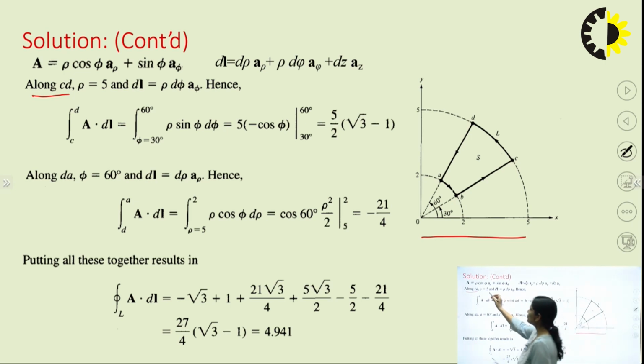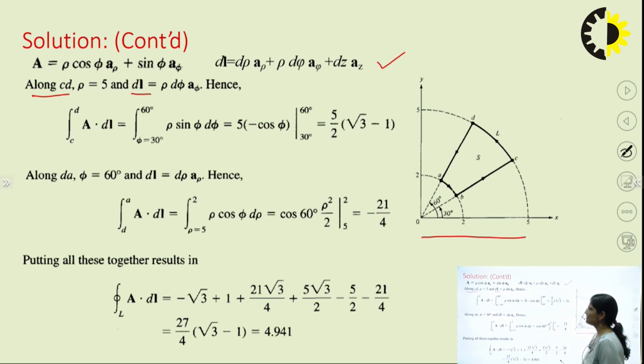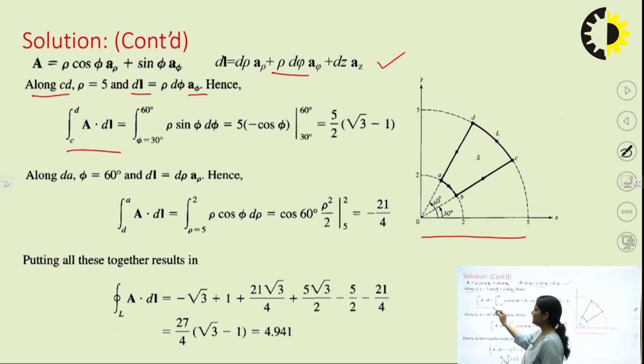So rho is equal to 5, so you have to find out DL with the help of this equation. Now DL is equal to rho d phi unit vector of phi, so write down this for phi. Now closed line integral, line integral for C to D, that is A dot DL, and your limit starts from 30 degree to 60 degree.